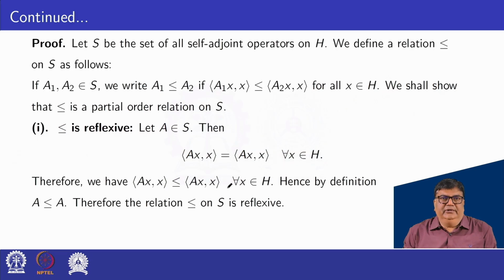Let us prove it. Let S be the set of all self-adjoint operators on H. We define the relation ≤ on S as follows.